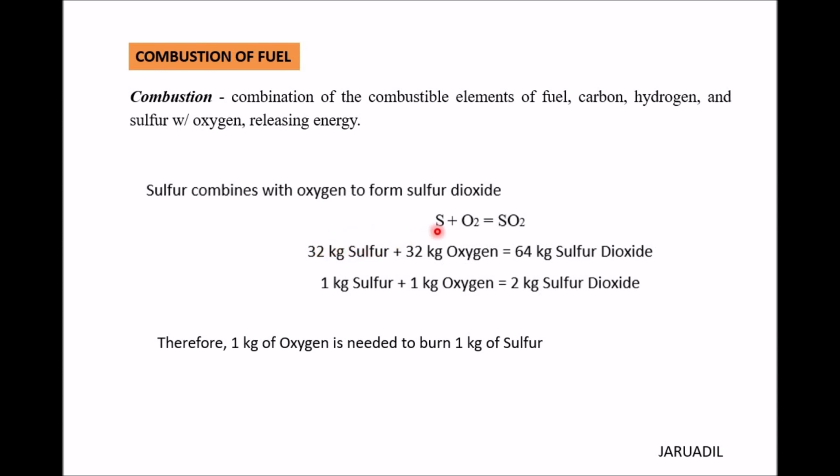Kasi ang sulfur is 32. Ang oxygen ay 16. So 16 times 2, 32. So this one becomes 64 kilogram of sulfur dioxide. So ibig sabihin yan, pag dinivide mo siya ng 32 all the way, so that is 1 kilogram of sulfur plus 1 kilogram of oxygen is equal to 2 kilogram of sulfur dioxide. So ang reactants natin ay ito. So 1:1 siya. So therefore, 1 kilogram of oxygen is needed to burn 1 kilogram of sulfur.